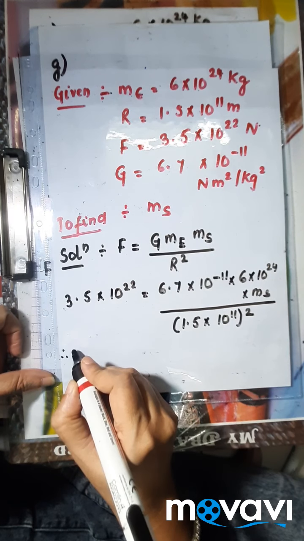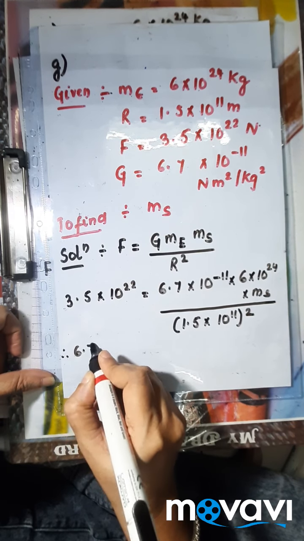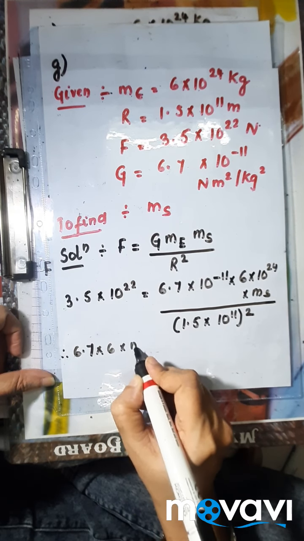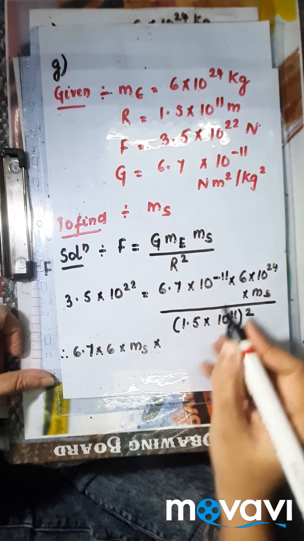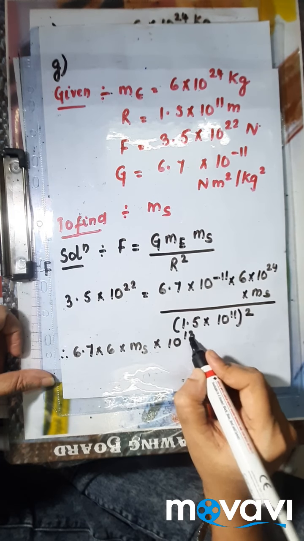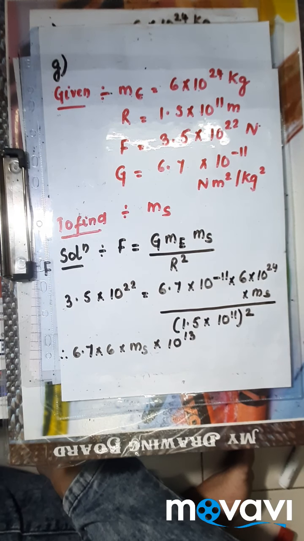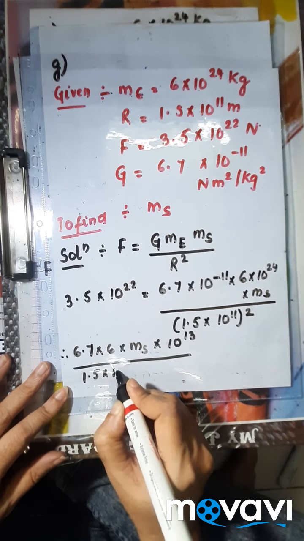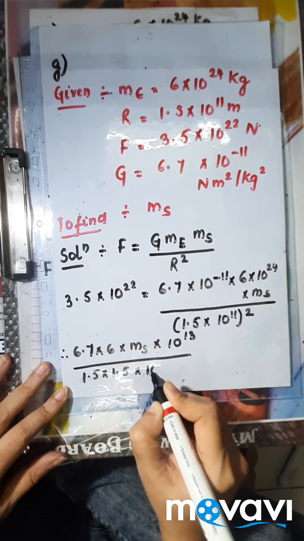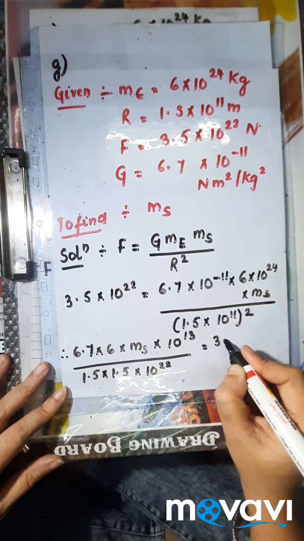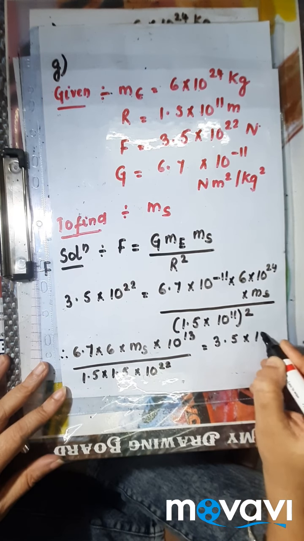So as usual I told you, I'll take 6.7 multiplied by 6 multiplied by mass of the sun multiplied by 10 raised to 24 minus 11 is 13, upon 1.5 multiplied by 1.5 multiplied by 10 raised to 22 is equal to 3.5 multiplied by 10 raised to 22.